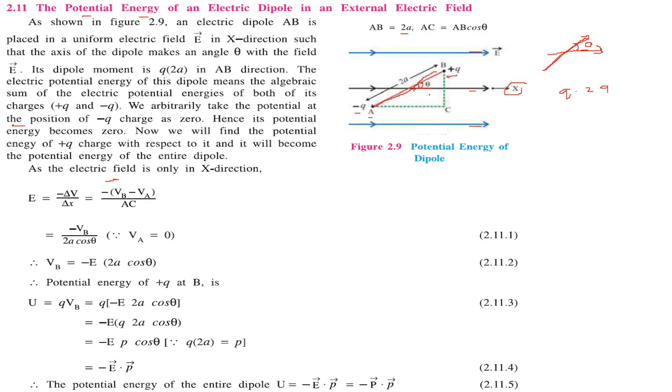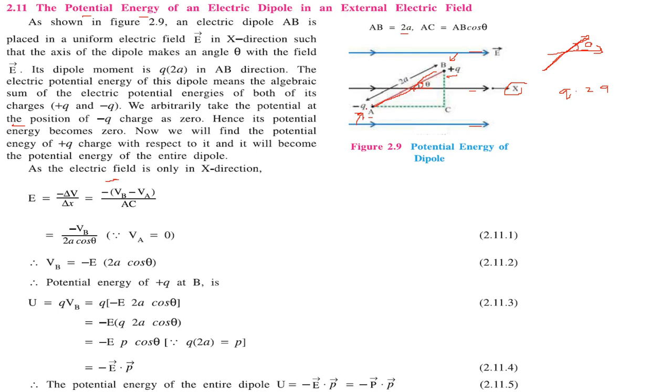The electric potential energy of this dipole, what is this? This will be the algebraic sum of the electric potential energies of both of these charges, minus Q and plus Q. We will take arbitrarily the potential at the position of minus Q as 0. You will just know why we are taking it.